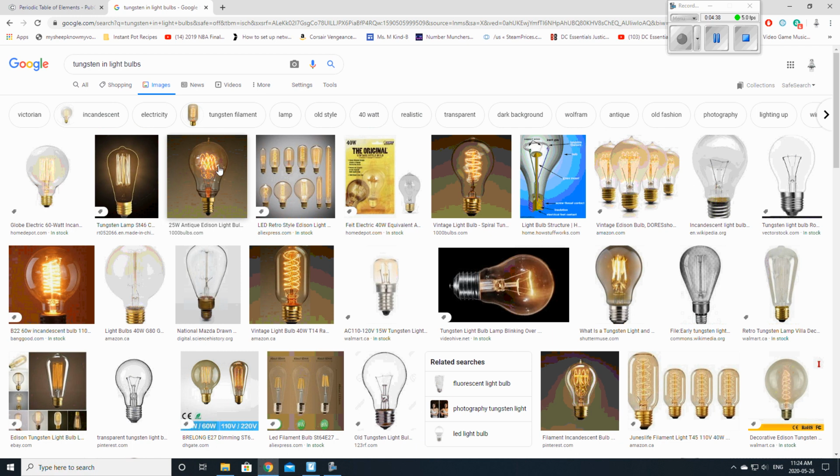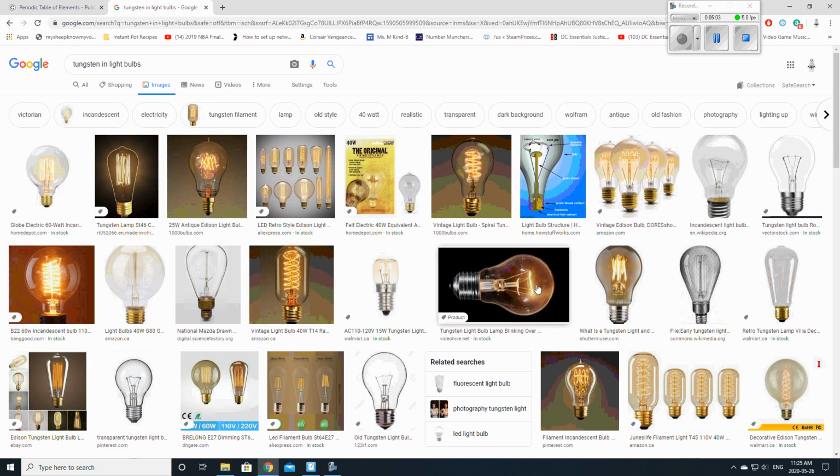Then, because we now know about good circuits and bad circuits, as long as everything is connected, it's a good circuit. If everything is connected and all the wires are still okay, it'll pass through here, go back through the wire in the socket or in the cord, and then the circuit is complete.